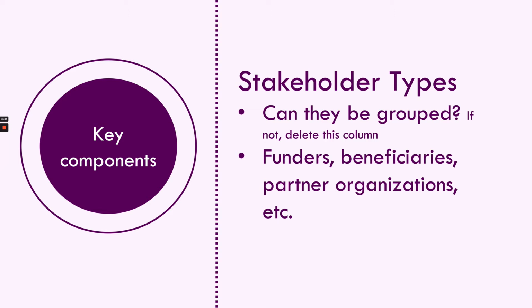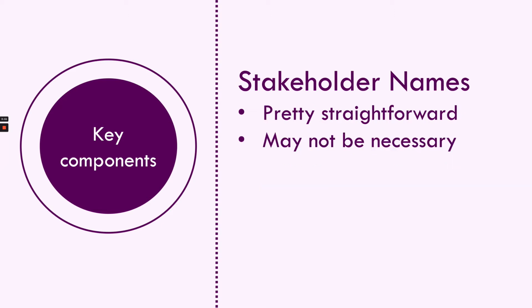If there are partner organizations, if there are academic institutions, you'll know your project, right? So however your different groups of stakeholders are grouped, you come up with those categories. And again, if you don't want to group them, you don't have to. It may be enough to just list their names.